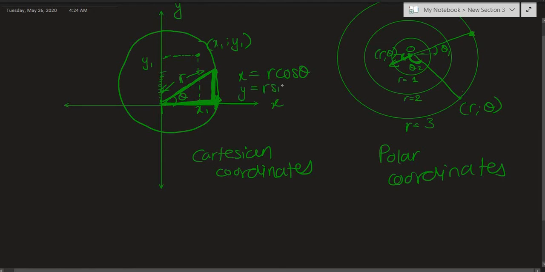So y equals r times sine of theta, because again r is the hypotenuse and y is r times the sine of this angle theta. So this is how you convert between Cartesian coordinates and polar coordinates, and vice versa.